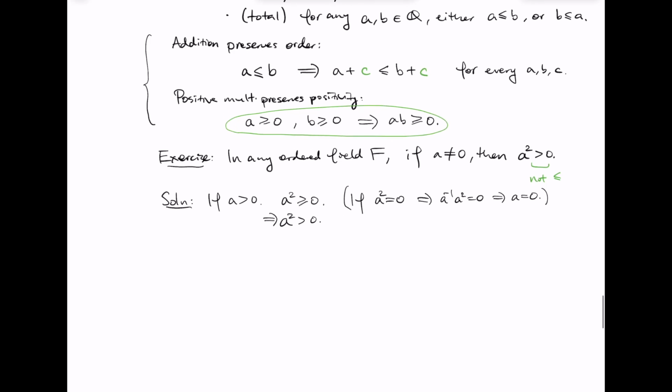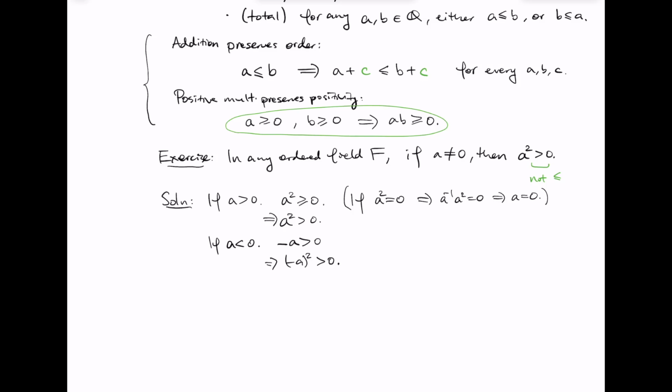And in a similar way, if A is strictly less than 0, then minus A is strictly bigger than 0, because you can add to both sides the negative of A. And this means that minus A squared is strictly bigger than 0, again by the same argument as above. So now how do we conclude that A squared in this case is bigger than 0?